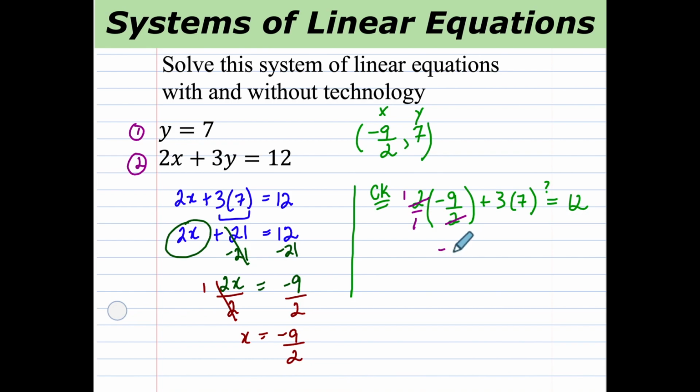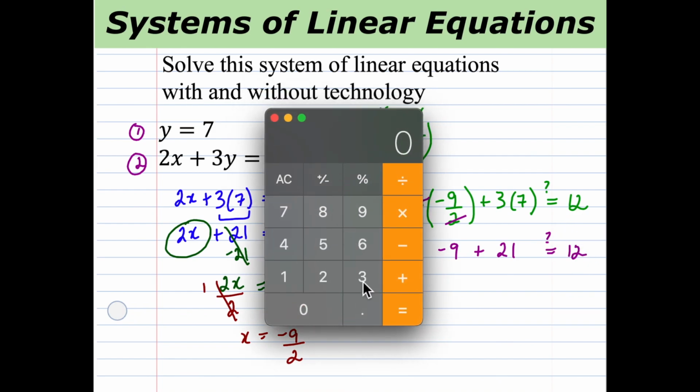And that leaves us the -9 + 21. Does that equal 12? I don't have a negative button on this calculator, but I can switch the order of adding. 21 minus 9, and that should give me the value that I'm looking for, which is 12.